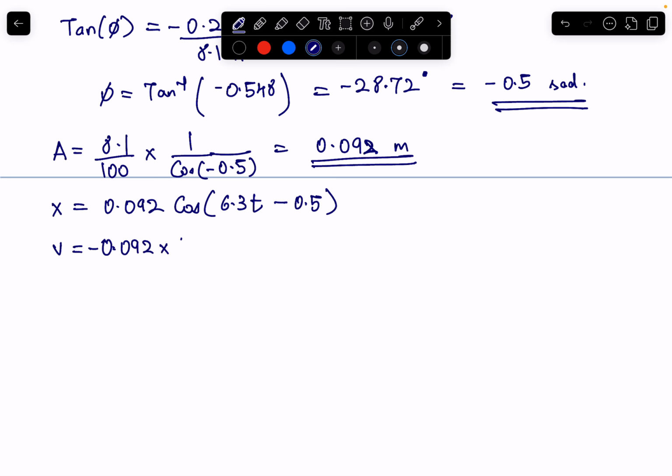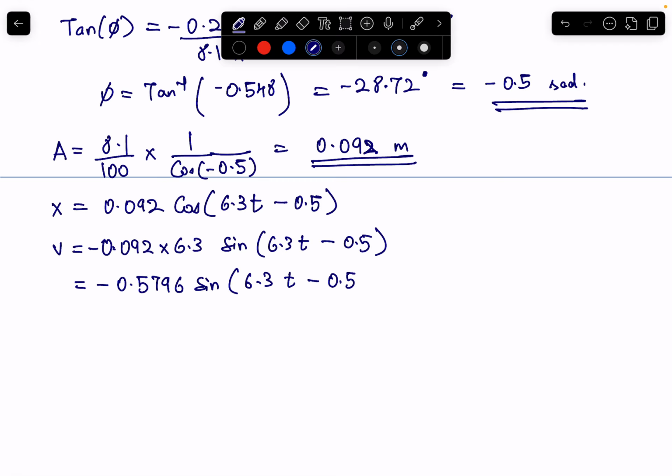This is equal to negative 0.092 multiplied by 6.3, 0.5796 sine of 6.3 t minus 0.5. So we have the equations for x and v.